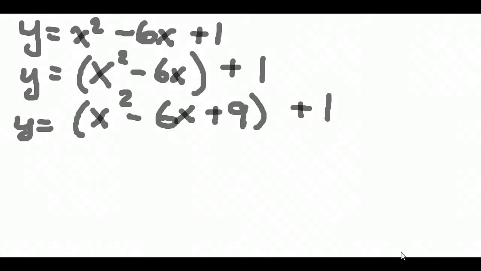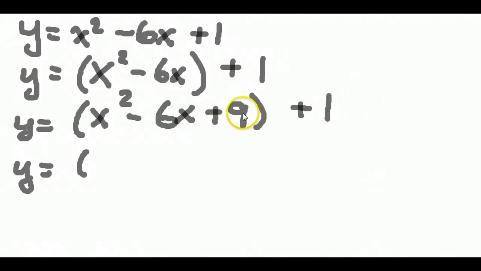Okay, so remember, when we're looking at it in vertex form, that form is y equals (x minus h) squared plus k. So we need to factor out this x squared minus 6x plus 9. So what is the factorization of that? We know we have a negative middle term.